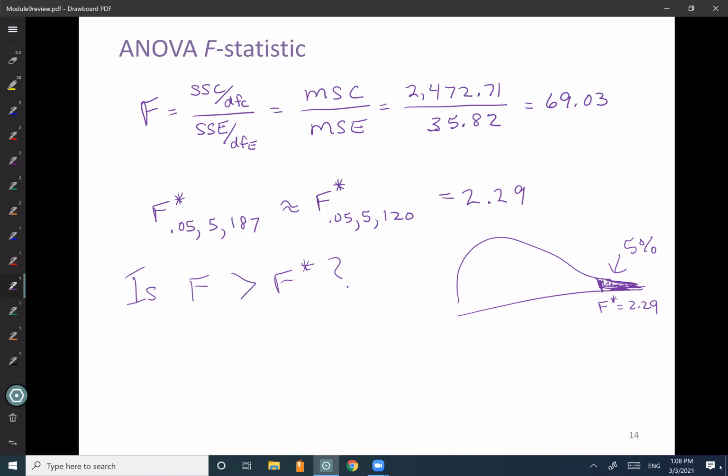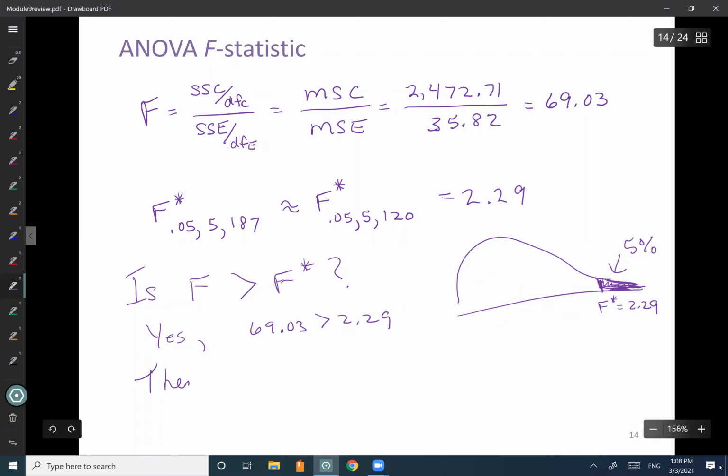And the answer is yes, because 69.03 is greater than 2.29. And even if you just look at the ratio, before you even calculate the 69.03, the numerator, 2,472.72, is quite different than the denominator, 35.82. It looks like the between group error is much greater than the within group error, right? So the between group is much different than the within group.